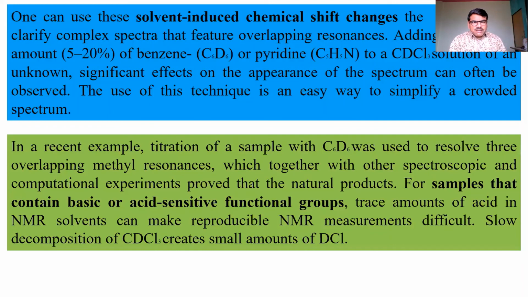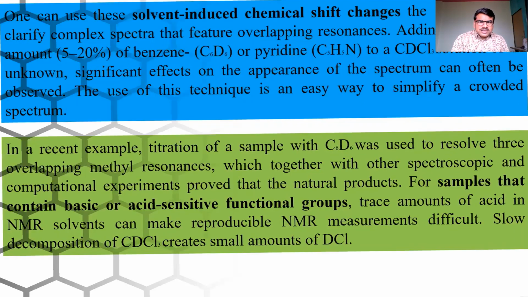So in a recent example, C6D6 was used to resolve 3 overlapping methyl resonances, together with other spectroscopic and computational experiments. For a sample that contains a basic or acid sensitive functional group, again, we have acidic and basic functional groups, and they are sensitive.